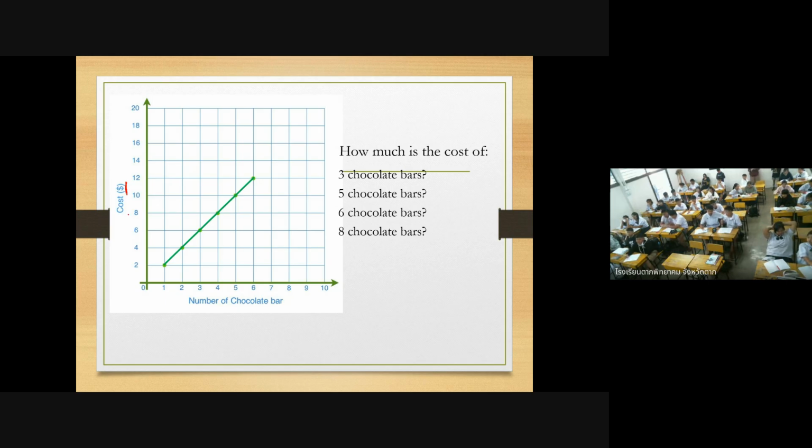Again, as you can see, the variables that we have are the number of chocolate bars and the cost, in which the unit of the cost is dollar.